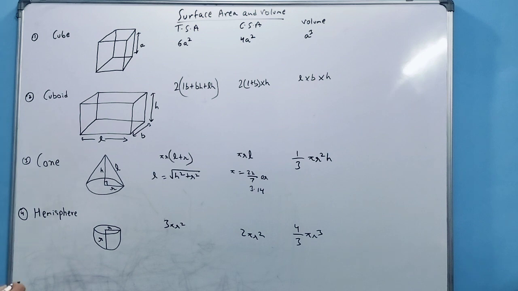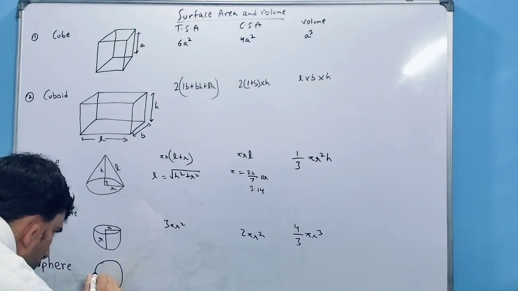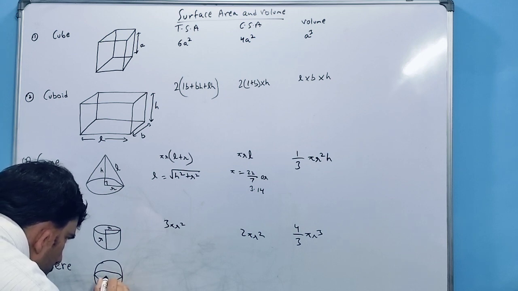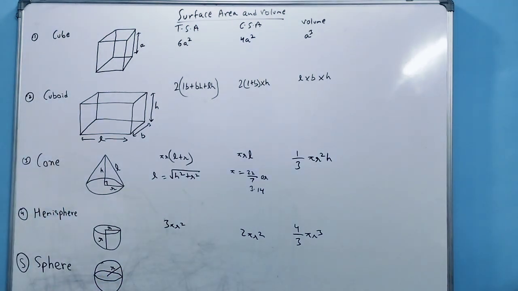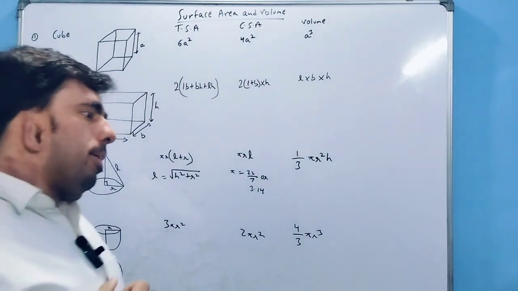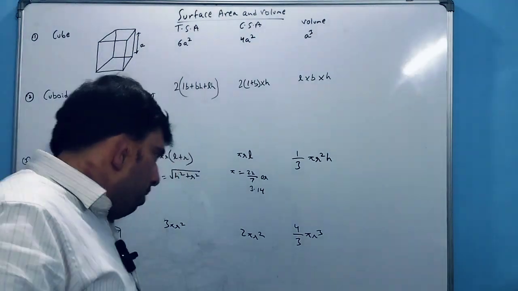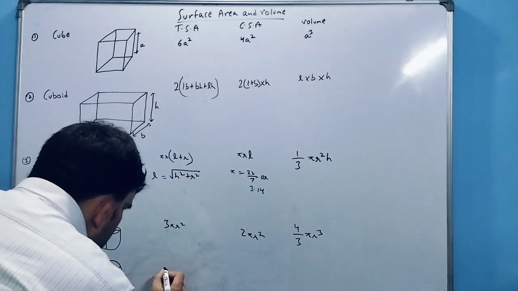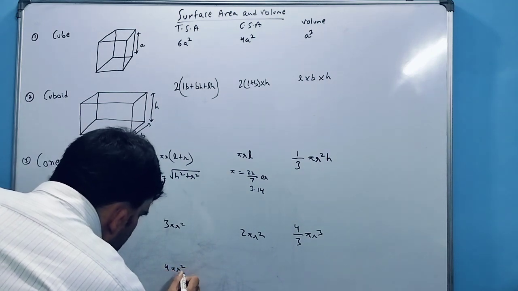Now let us move to the fifth one, that is after hemisphere we have sphere. A sphere is like the earth. For example, an example of a sphere shape is the earth. Its formulas: 4 pi r square is the TSA.